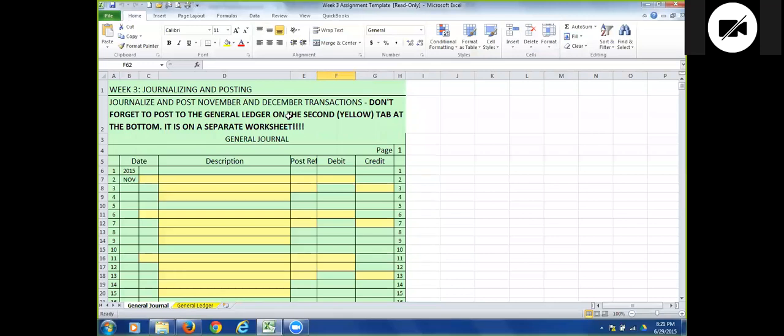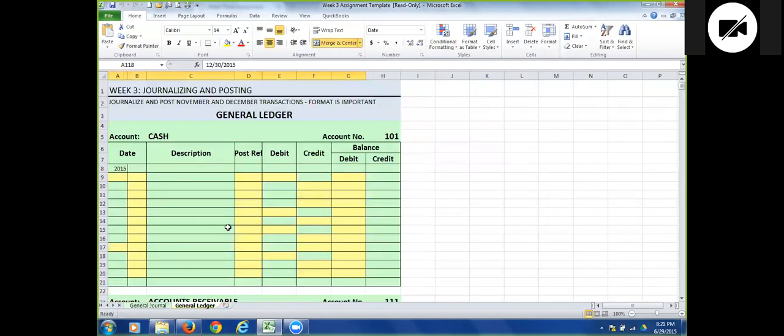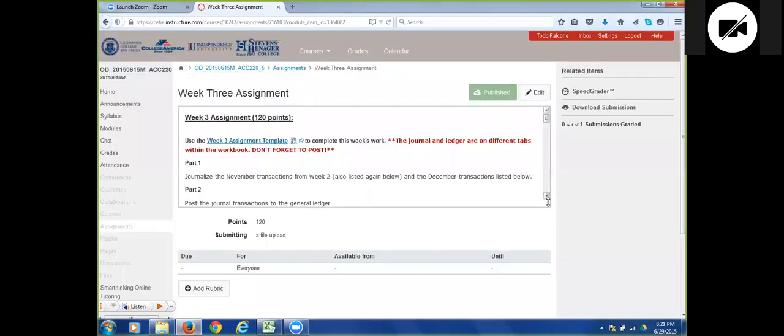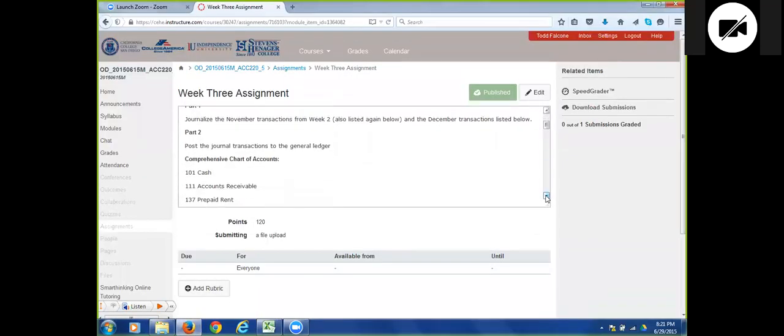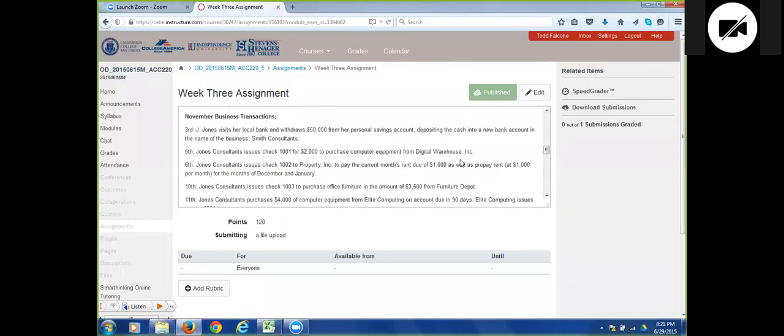Okay, so for this assignment, you can see you have two tabs, the General Journal tab and the General Ledger tab. All the transactions are right here. Here's all your accounts, and here's all your transactions.